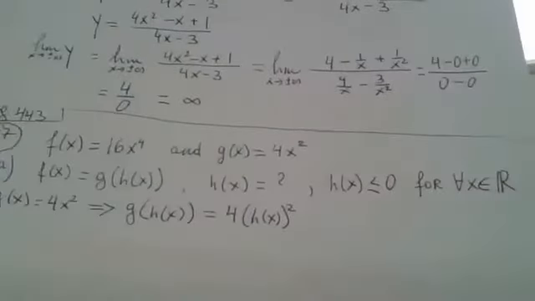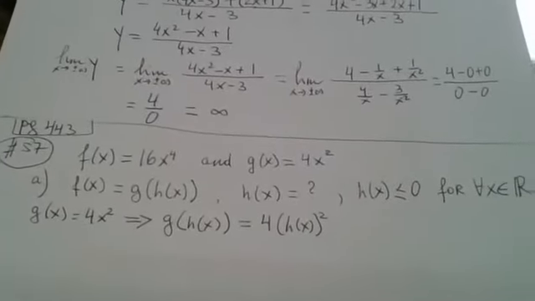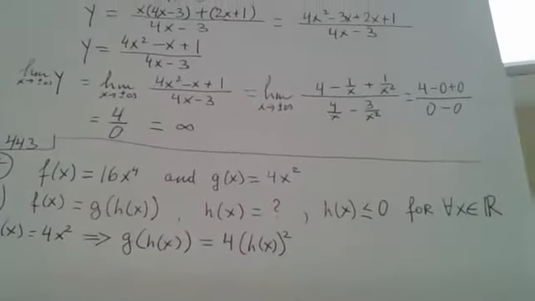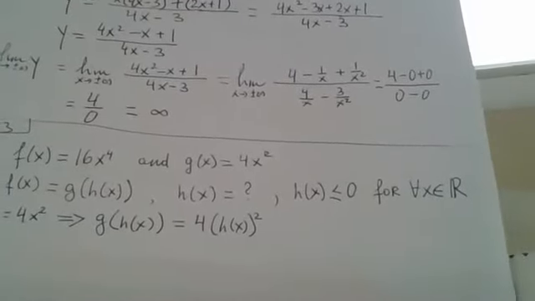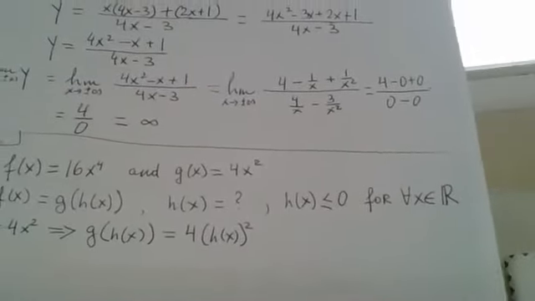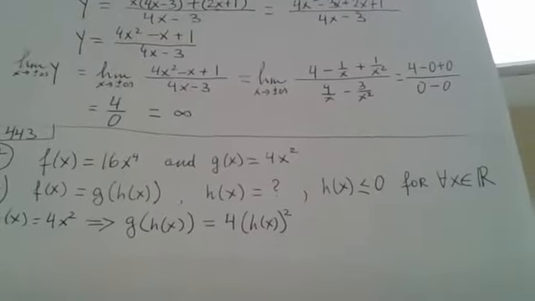Can I write, and I'm going to show this to you right now, that because g at x is 4x squared, using that formula, I show here a simplification for this composition.